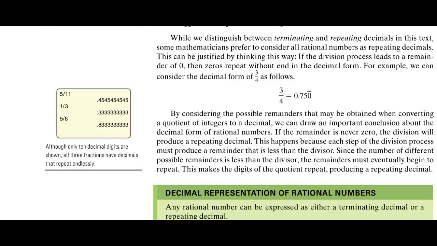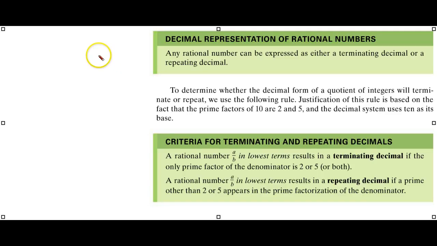Let's go on. Now, here they're giving us a general rule for decimal representation of rational numbers. We say any rational number can be expressed as either a terminating decimal or a repeating decimal. We know this.